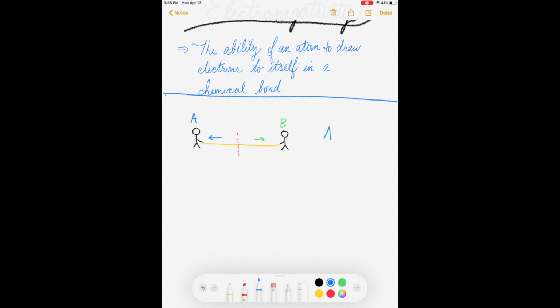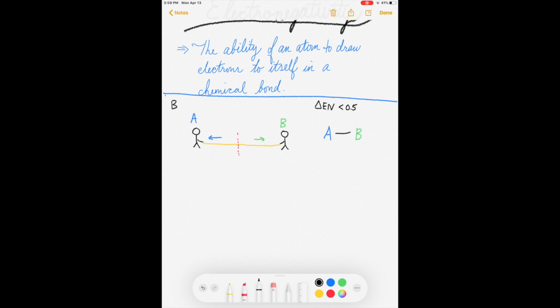So to imagine this, here is my atom A, here is my covalent bond, here is my atom B. If we were to look at the difference in electronegativity between these two atoms, let's say that it is less than 0.5. This is what we call a purely covalent bond.